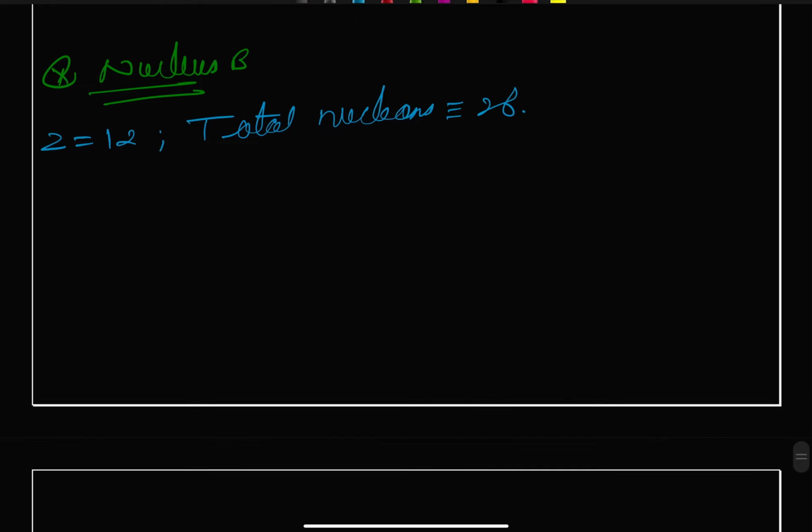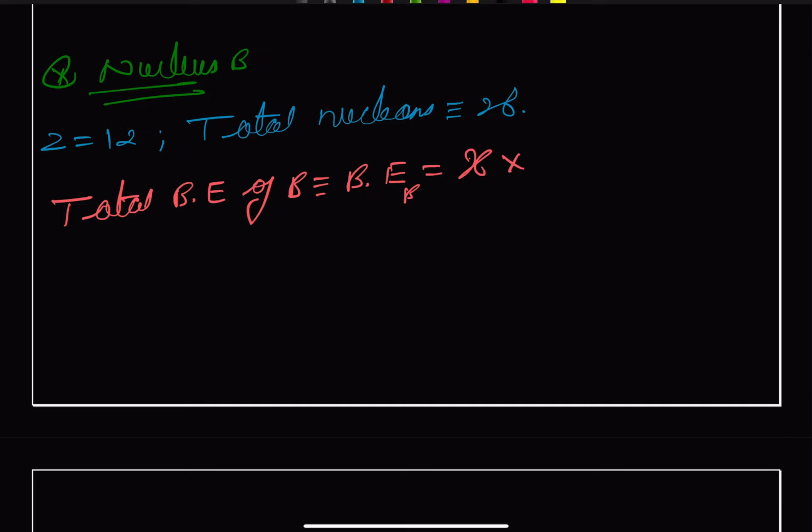Therefore, total binding energy of B will be equal to 26 multiplied by per nucleon, that is 1.8, giving us 46.8 mega electron volt.